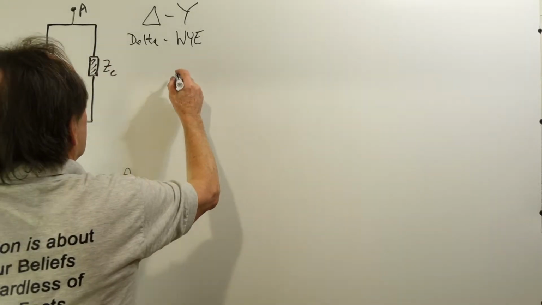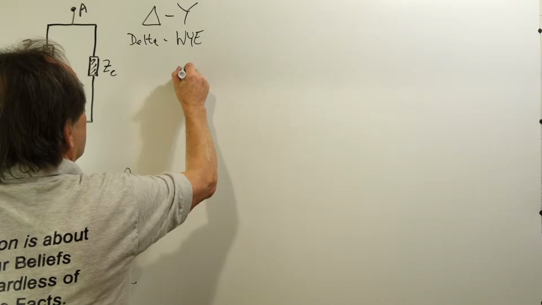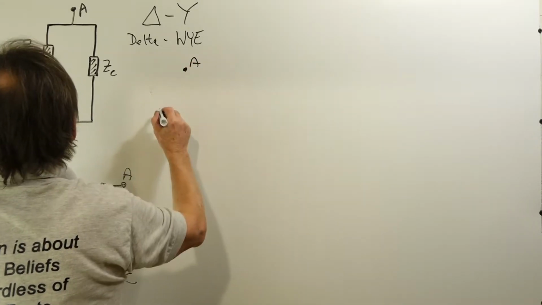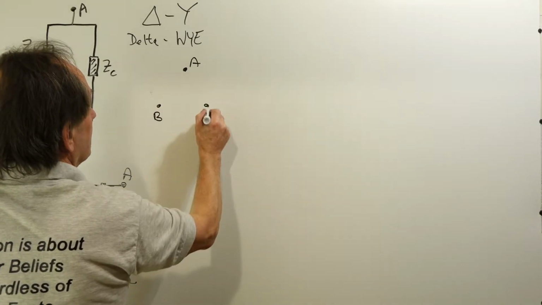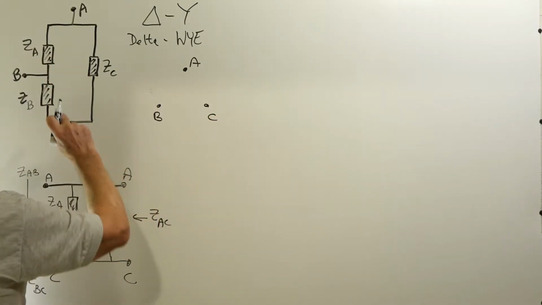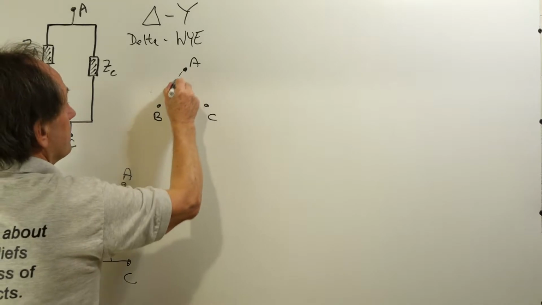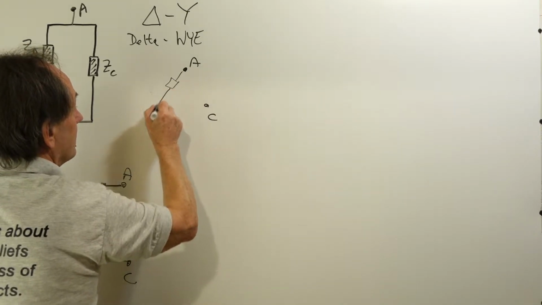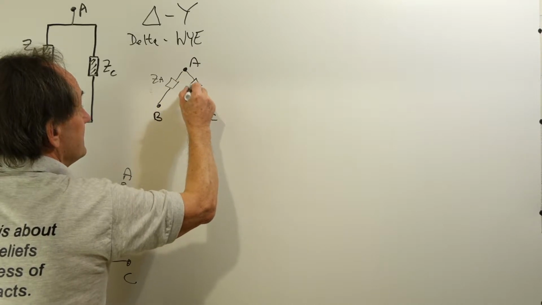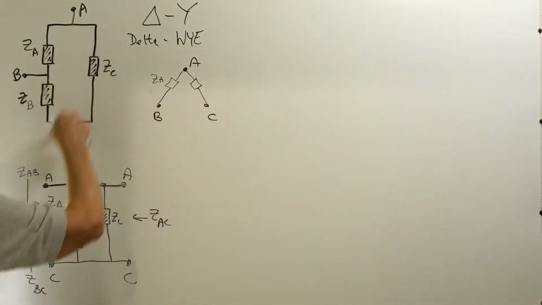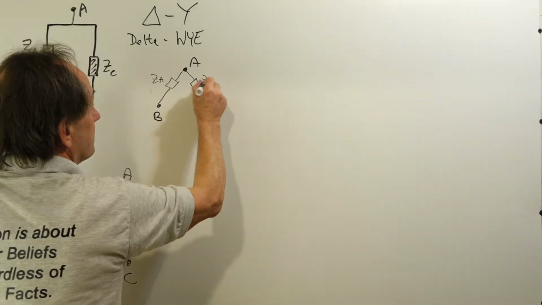If I have here node A, node B, and node C, between A and B there's ZA. Between A and C I have ZC.